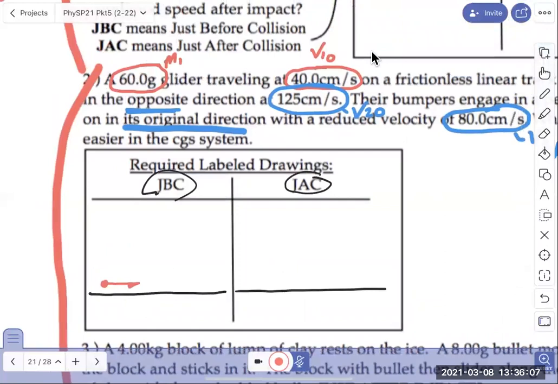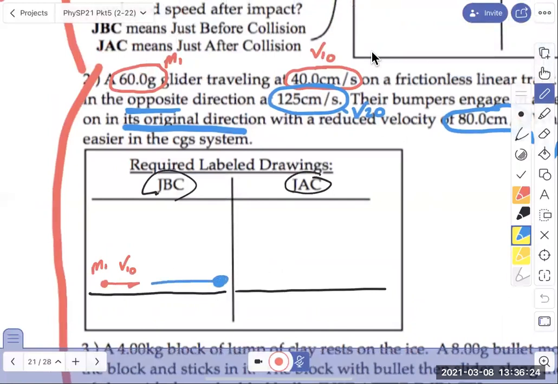I'm just going to put the symbols here. So that's M1, V1 naught, and then I got Blue Boy coming along, cruising along here, much bigger and much faster. I mean, Red Dog's got no chance. So here we have M2, V2 naught.